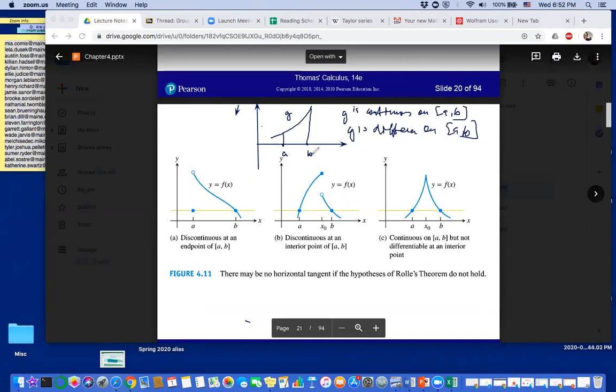No, there are no points. You guys see this? I would say that the slope of the tangent line is always positive here. It's never zero. Yeah, so what's the problem here? What fails? Which one of the assumptions of my original theorem fails? What assumption of Rolle's theorem fails in this case?